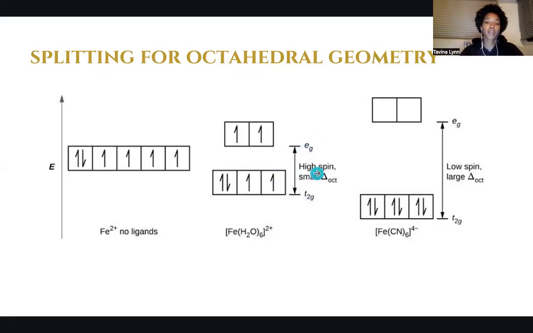It's called a high spin complex. And if we have a strong field ligand, this crystal field splitting is much higher. So the electrons are going to fill the T sub 2G orbitals. It's actually going to pair with them first before going to these higher energy orbitals. And this is called a low spin complex.